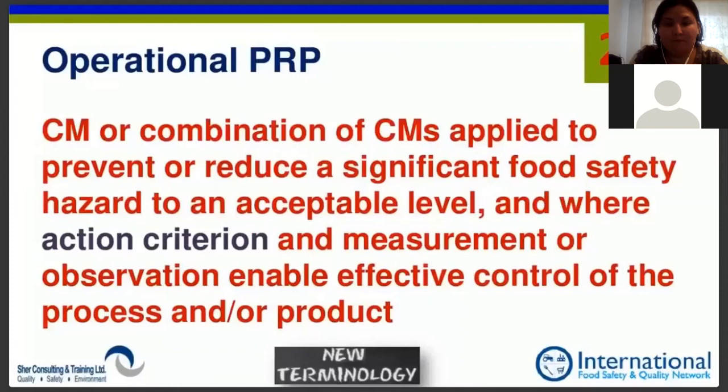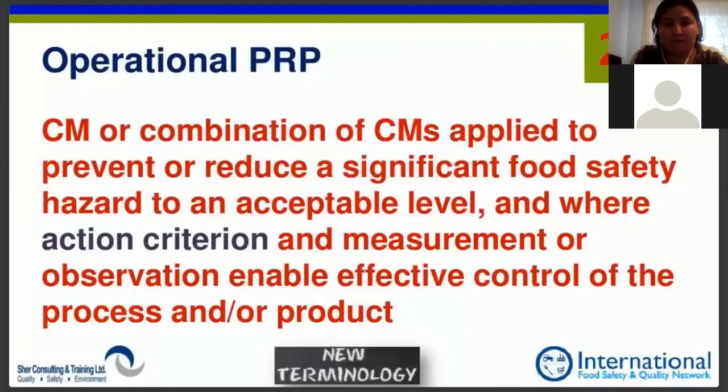If you are a step in the process and you are being monitored regularly and you are yielding a number, a measurement to make the decision if the product is under control or not, you are a CCP. Any other control measure that does not meet that description is an OPRP.